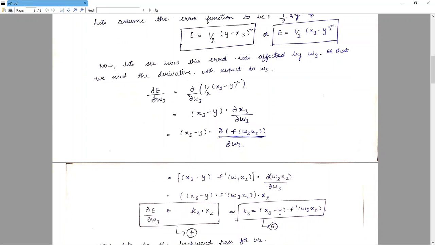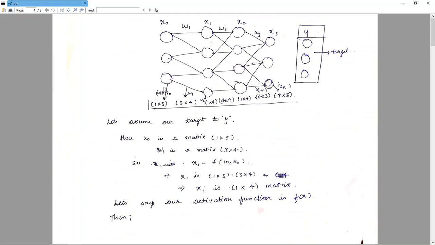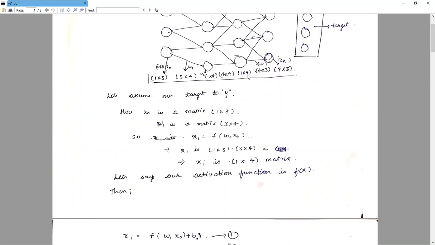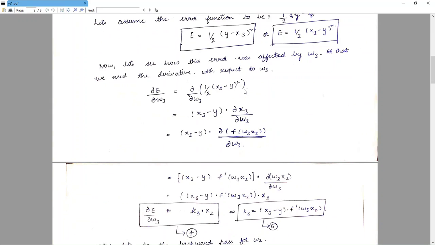Now we need to calculate how much this output is being affected by the w3 matrix, and then we need to update it. So first, what is the differentiating factor? How much is w3 contributing to the error? We need to reduce that.